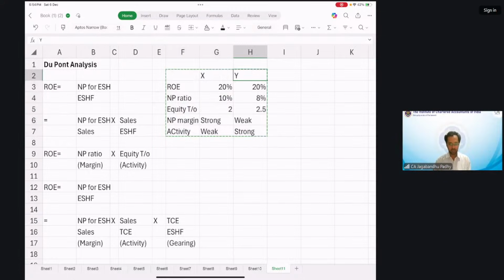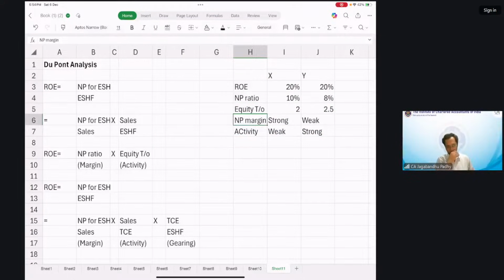If the company is to generate a good return on equity for its equity shareholders, it should work on these three aspects. First, the margin. Second is activity, which is basically utilizing the assets to a better extent. And then, of course, you should also be looking at the gearing aspect, right, guys?